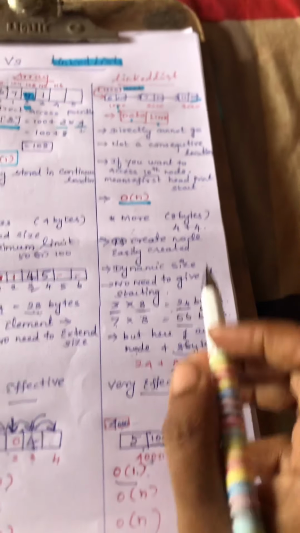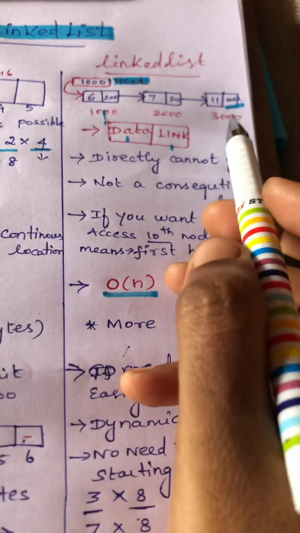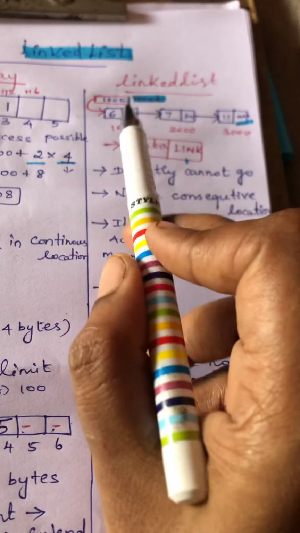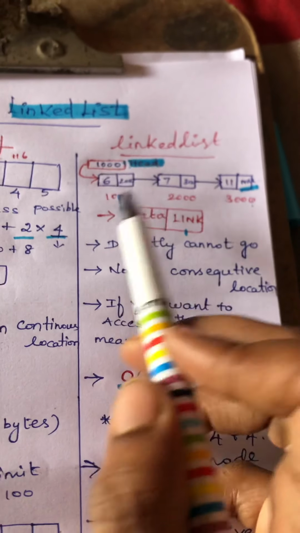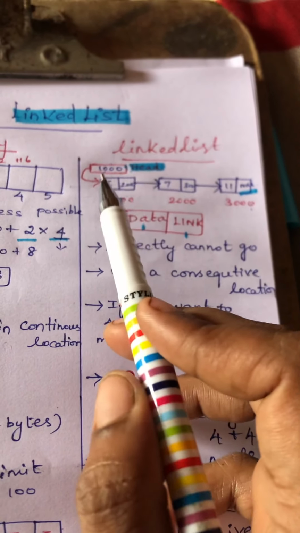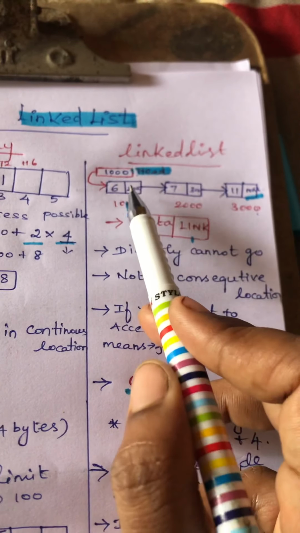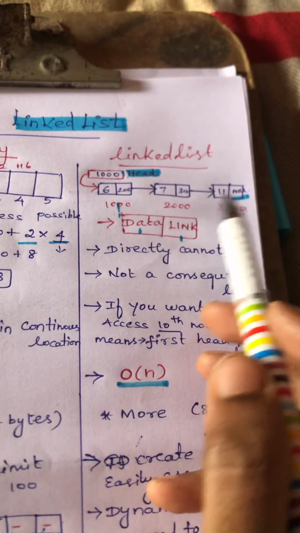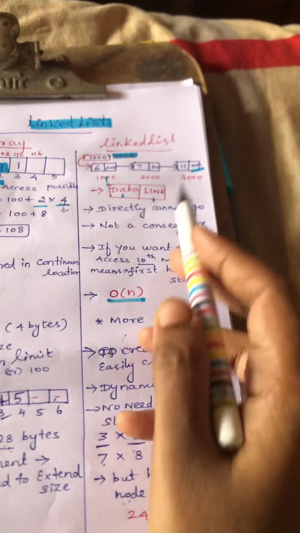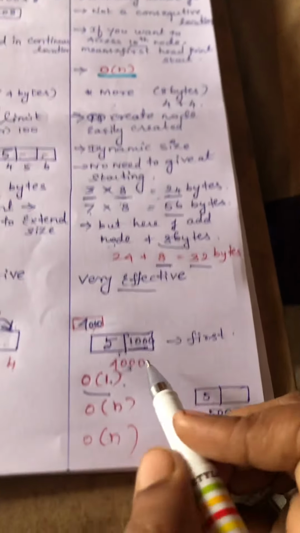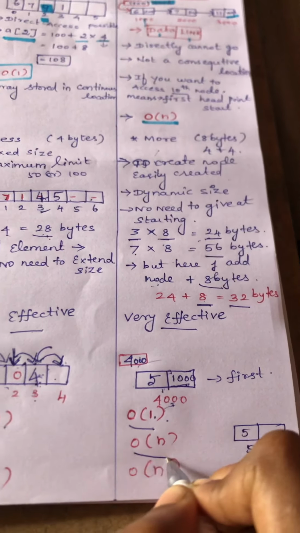If I want to add at the end, I can't go directly because it is not a consecutive location. I have to start from the head pointer, see what it points to, then move to the next node. After that only I add at the end of the position. So the time complexity is order of n.